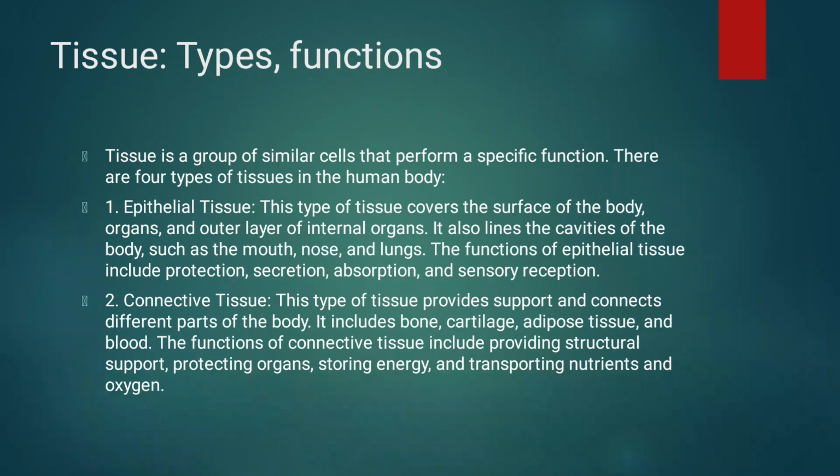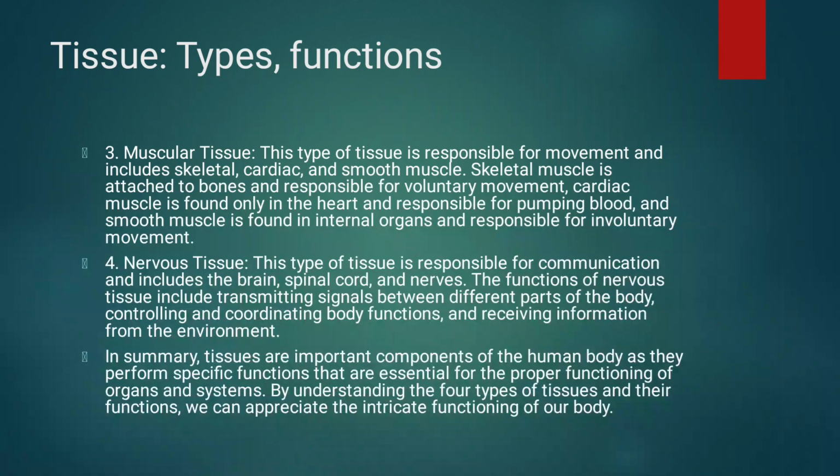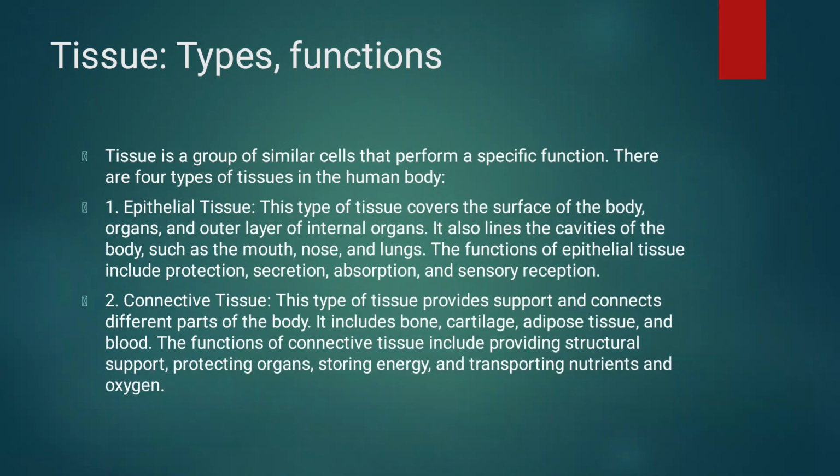The next concept is tissue and its types and functions. Tissue is a group of similar cells. There are four types of tissues: epithelial tissue, connective tissue, muscular tissue and nervous tissue.